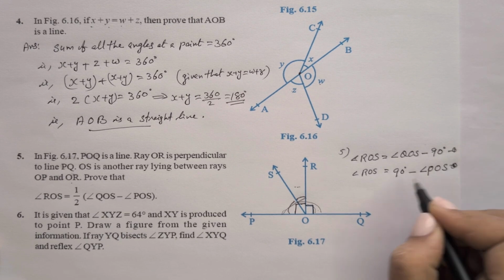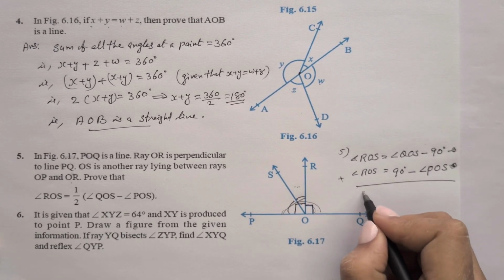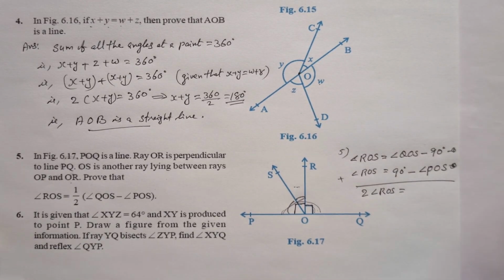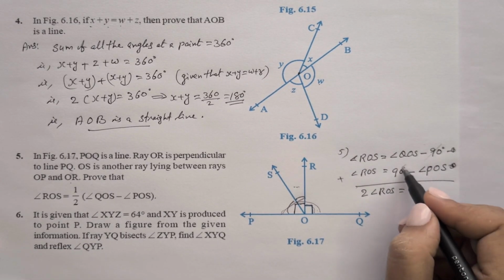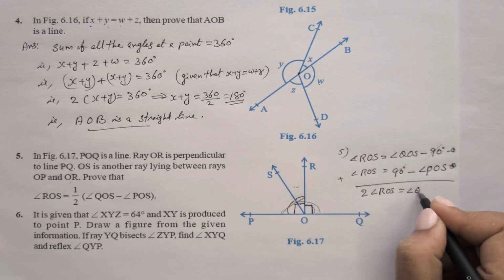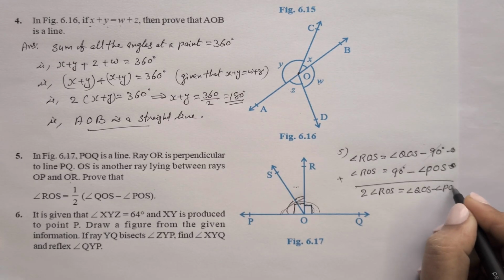When we are adding these two plus these two, what are we getting? 2 times angle ROS on the left side, and this minus 90 and plus 90 will cancel. Then remaining is angle QOS minus angle POS.